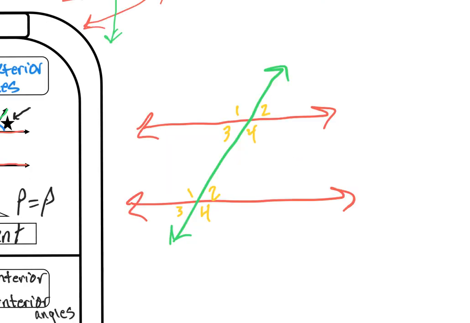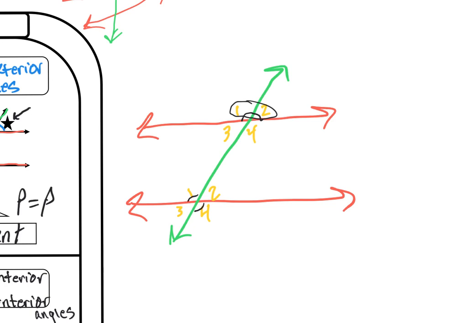Now, real quick, I wanted to go over something that we've already learned from a prior lesson. Make sure we remember this. If you look at angles 1 and 2, we should remember that that is a linear pair. Those are two angles that are adjacent, and they are supplementary because they're sitting on top of a straight angle. They add up to 180. We still need to know those angle relationships in this lesson as well. We're going to need to know those for probably the rest of the year. And if you remember, look at angle 1 down here and angle 4 down here.